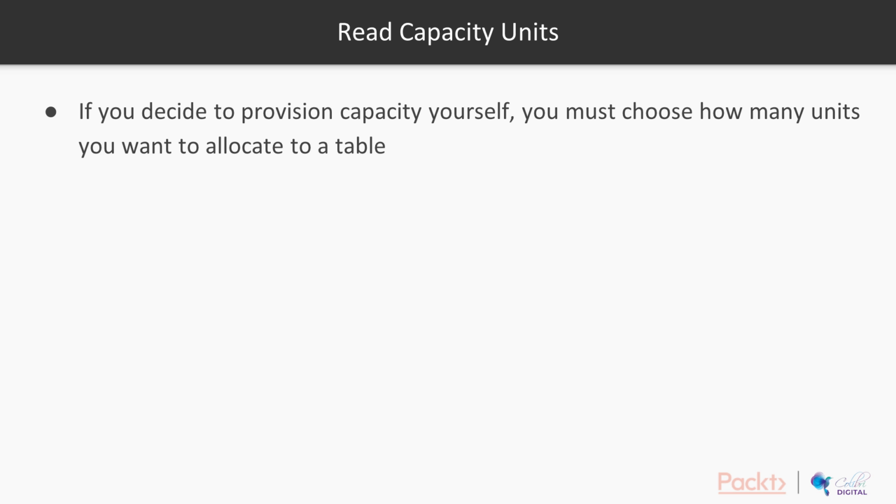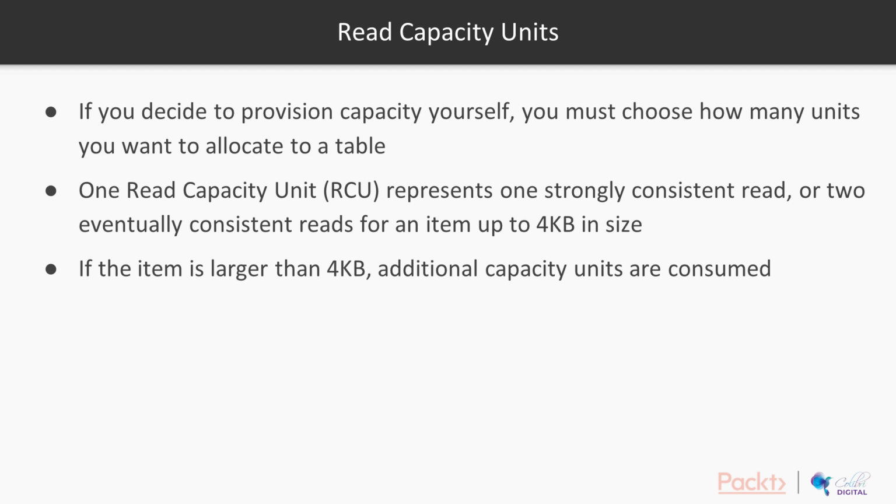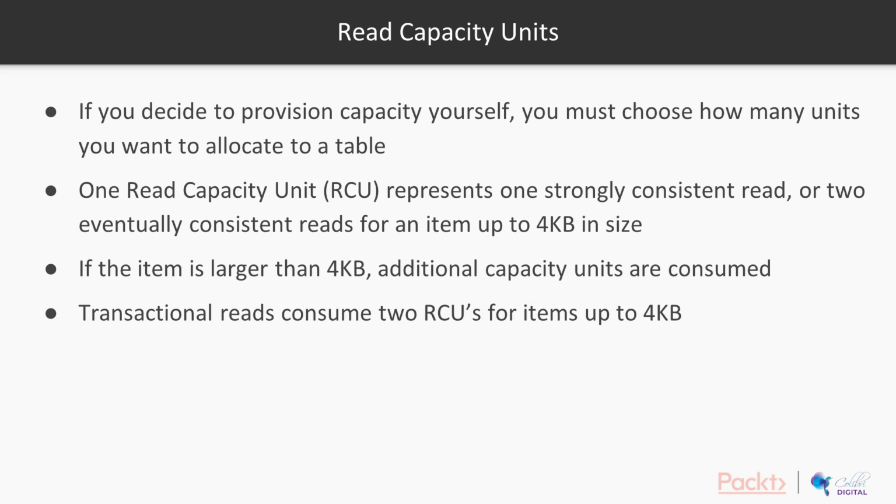So firstly, a little more about read capacity units. If you decide to provision capacity yourself, you must choose how many units you want to allocate to a table. One read capacity unit represents one strongly consistent read or two eventually consistent reads for an item of up to 4 kilobytes in size. If the item is larger than 4 kilobytes, additional capacity units are consumed.